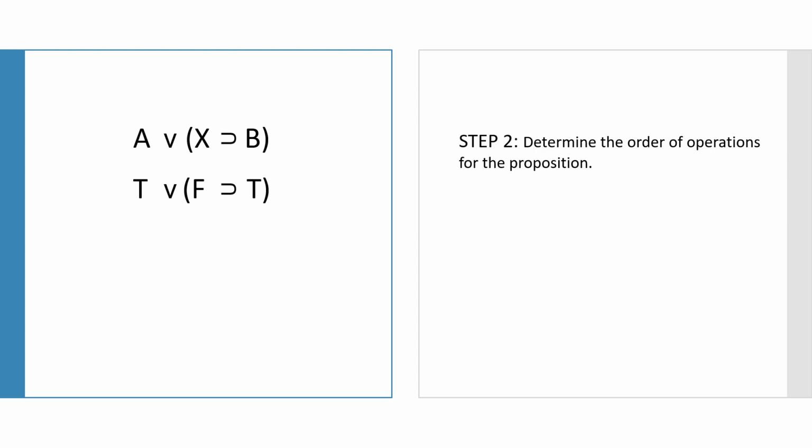And for the most part, what you need to do is just solve all the stuff in parentheses first. If we look at this particular example, the entire statement as a whole is in fact just a disjunctive proposition. That is, it's an either or claim with two different disjuncts. On one side we have the letter A, and on the other side we have as a disjunct the entire conditional statement.